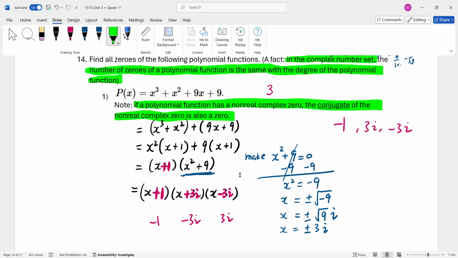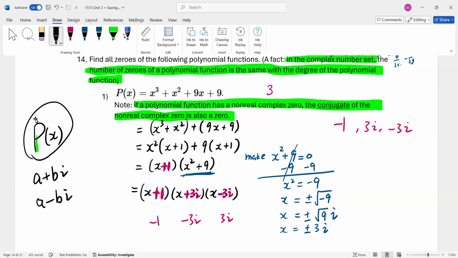Let's say P of x is a polynomial function. If a plus bi is a 0, then a minus bi is also a 0.